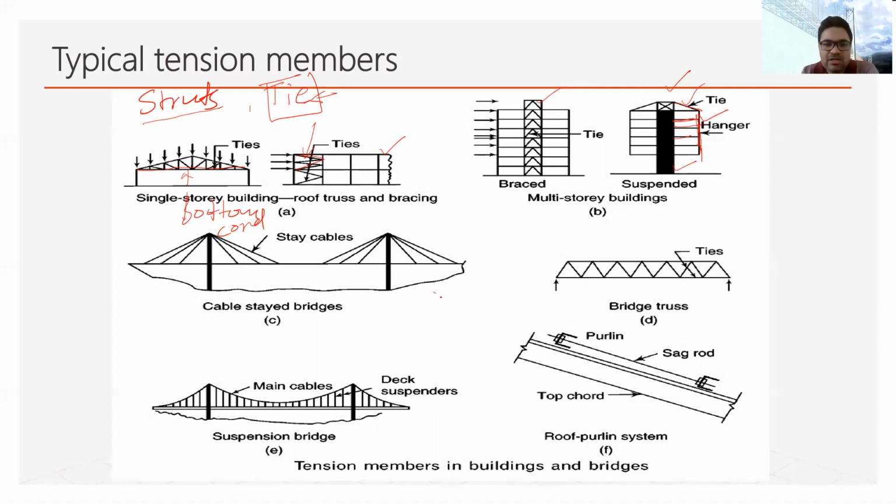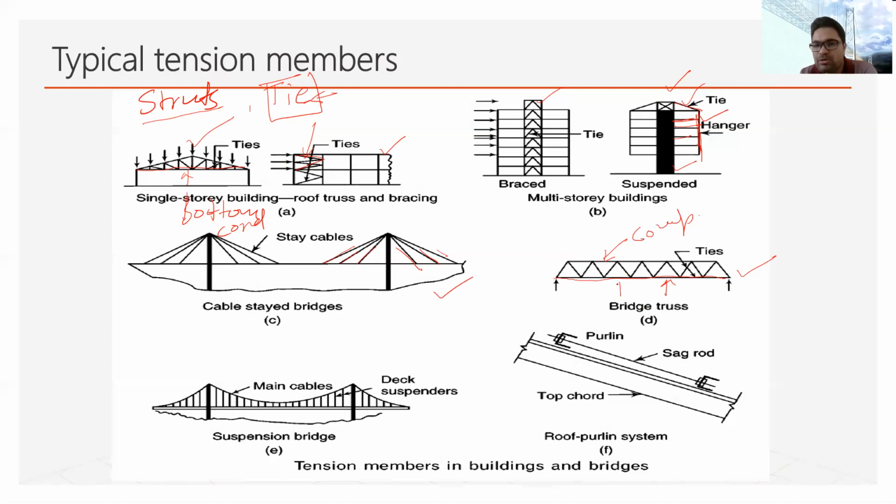Similarly, in case of a cable-stayed bridge, all these suspension wires, all these suspension cables, are subjected to the tension. So cables are also considered as members which are subjected to tension only. Similarly, in case of a bridge truss, as I said, this bottom chord will be subjected to the tension, and this upper chord will be subjected to the compression.